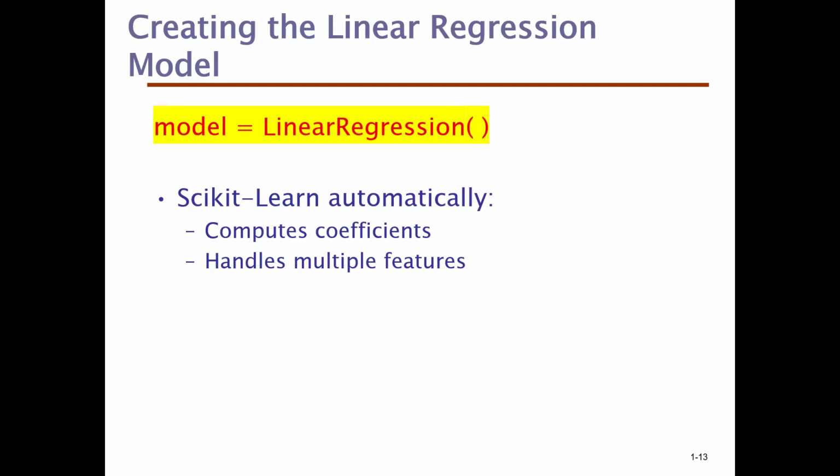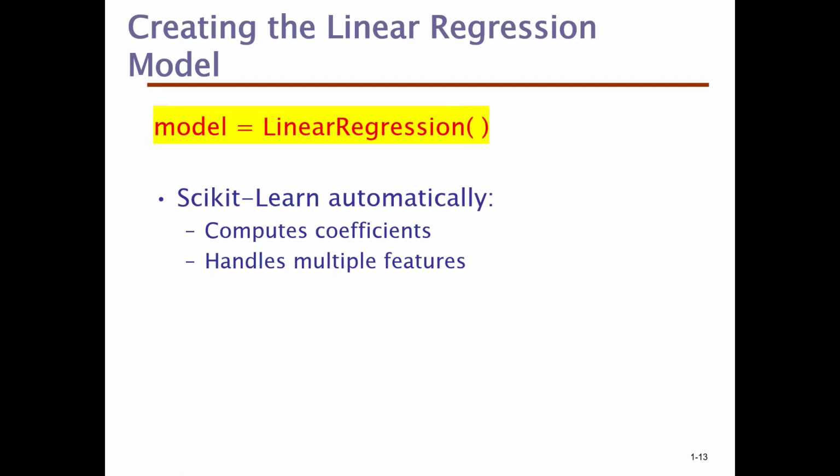Okay, next is creating the linear regression model. So we assign a LinearRegression function to the model. So far, no learning is happening yet. If we like, we can use ordinary least squares. I think it is ordinary least squares by default. It can also handle multiple features automatically.